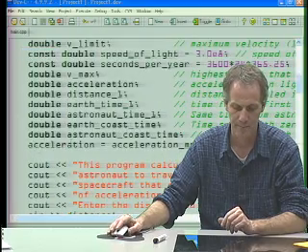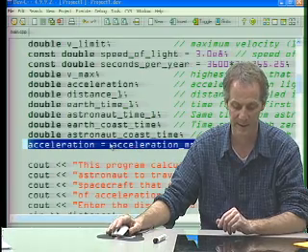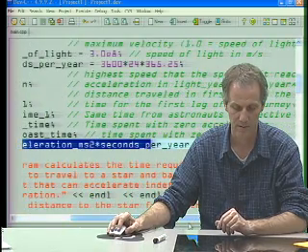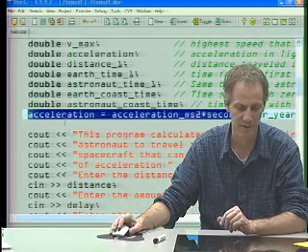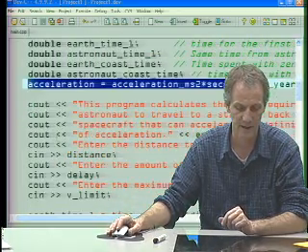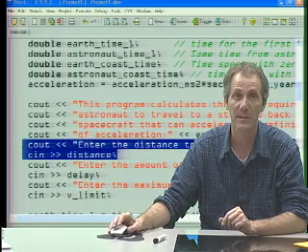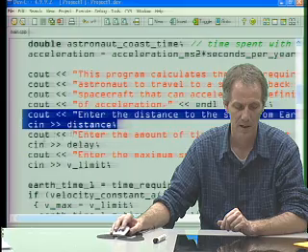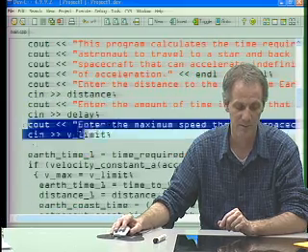I did convert the acceleration. I think I did it as meters per second per year, fractions of the speed of light per year, something like that. I had to convert it. And then I tell the user what we're about to do. I say, okay, how far away is the star that you're going to visit? How long are you going to stay there and collect moon rocks or space rocks?